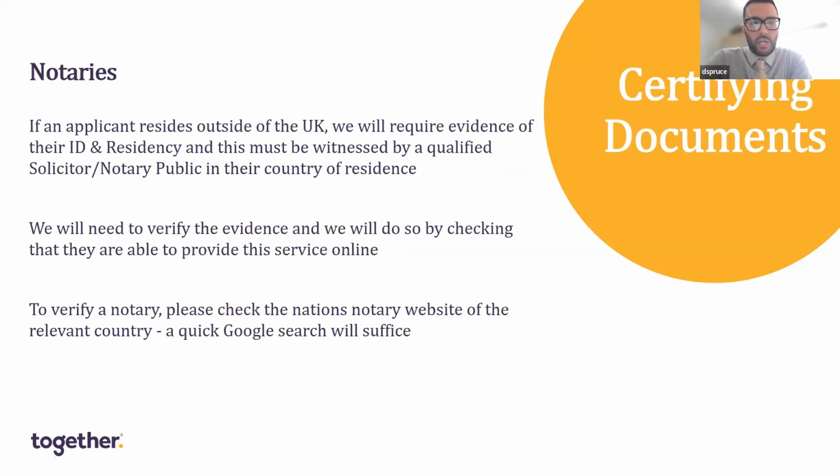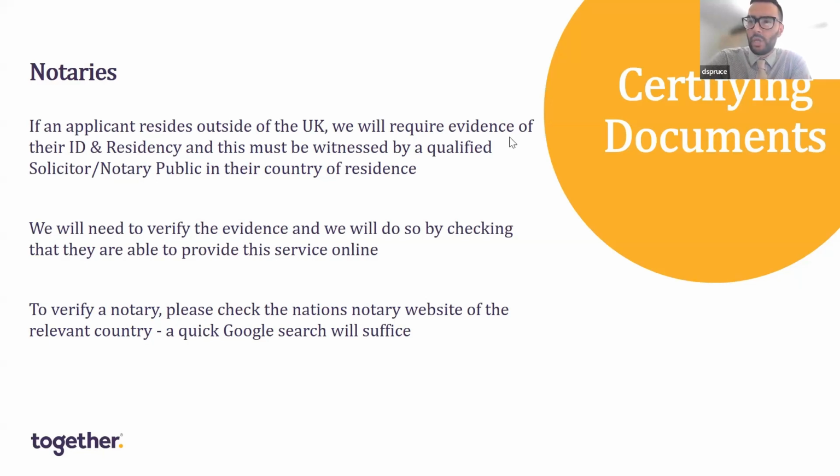So as Hannah said, we need ID and residency for anybody looking to purchase properties overseas, and we'd like that on day one, so we can again see where we're up to with the client, where they're from, and get it referred on day one to save time for the journey.